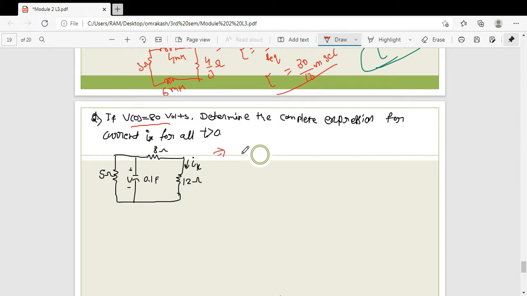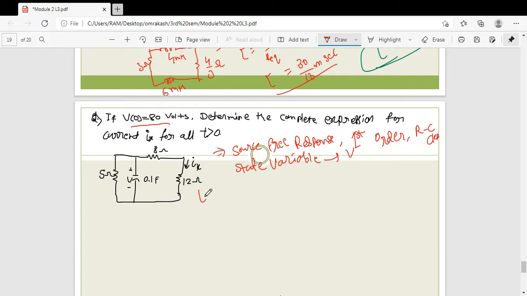So let me write: this is the first order source free response, first order RC circuit, and the state variable is voltage.